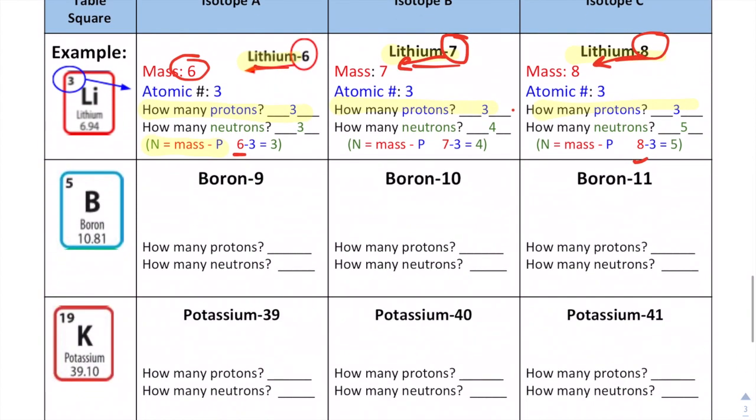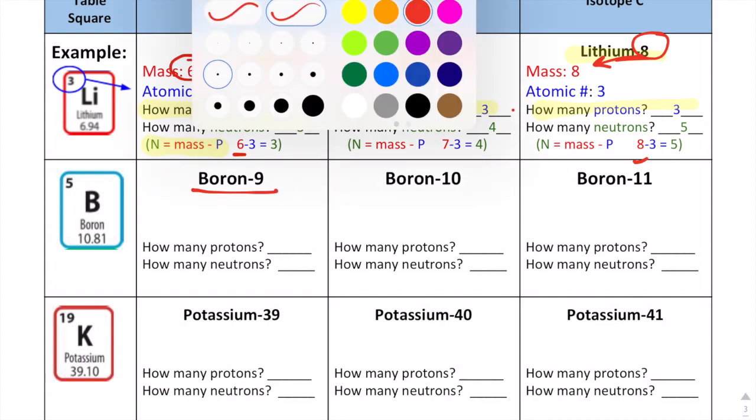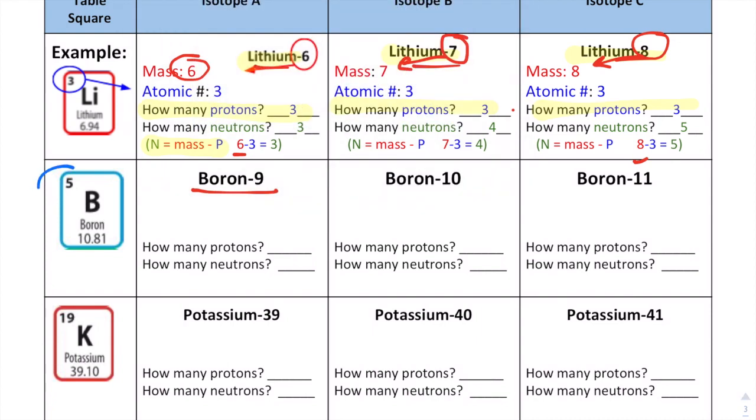Let's do one more. So boron 9. How many protons? I don't get the protons from the name as easily. I have to go over and look at the periodic table. So boron is atomic number 5. Remember, that is going to give me the protons. So there's 5 protons.